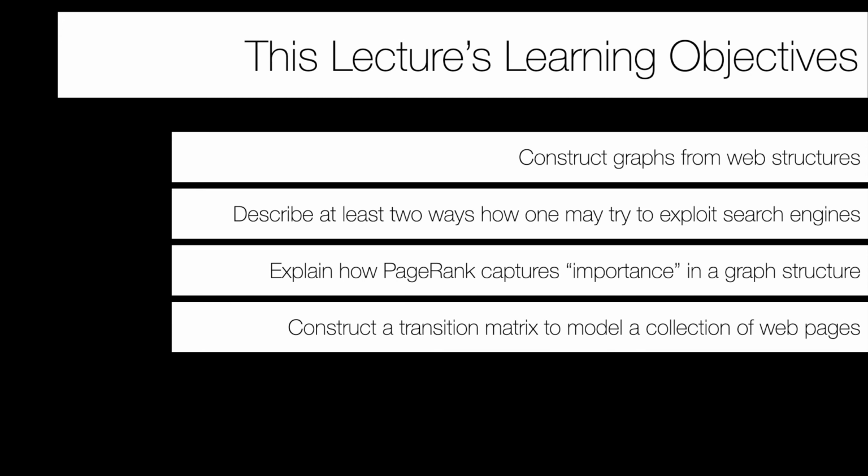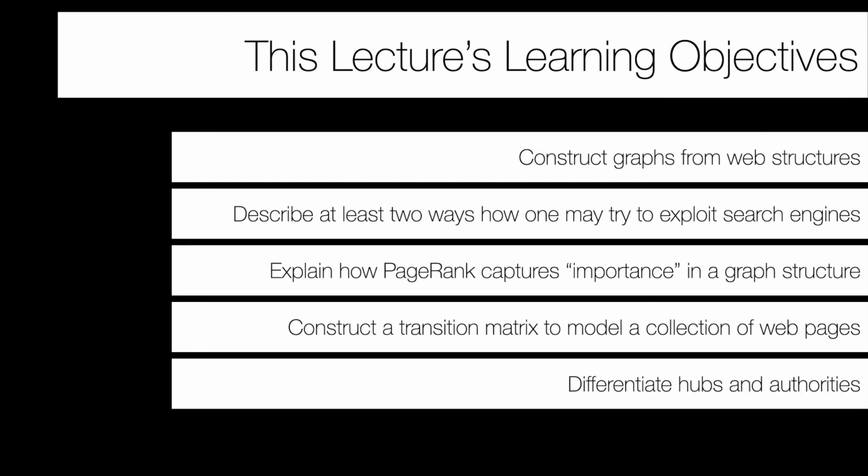We've talked about how we can extract a transition matrix, this matrix M, the stochastic adjacency matrix, that tells us something about how likely it is you may move across the pages in the internet. And then we've talked about how PageRank really only captures one kind of importance, but there are other kinds of importance that we can capture with this idea of hubs and authorities.